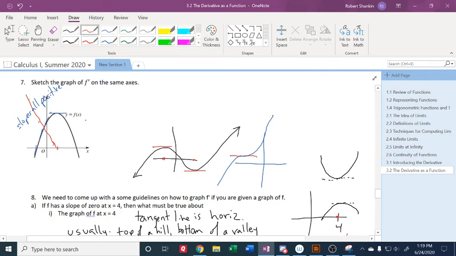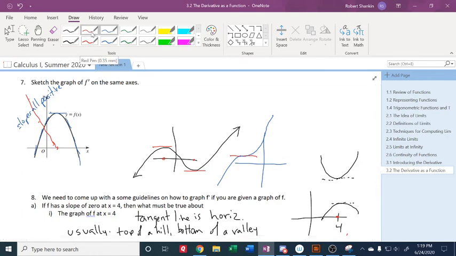Now, to the right of this, we see that the slopes are all negative. And the further you move to the right, the more sharply it goes downhill, the more negative you get.